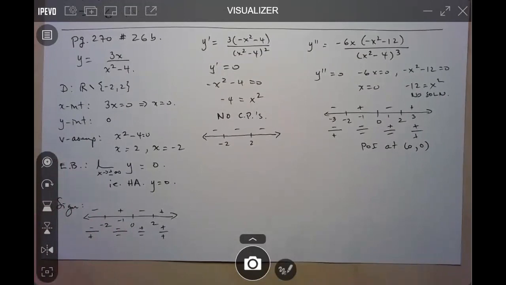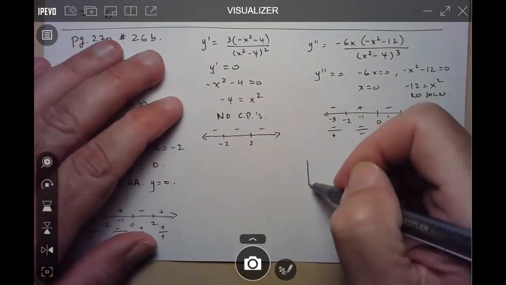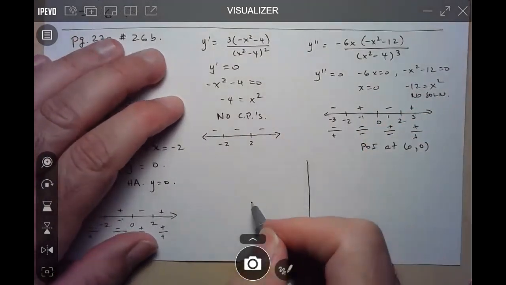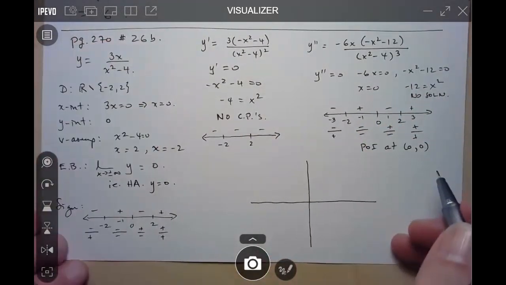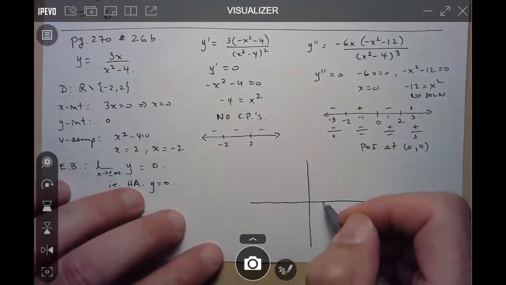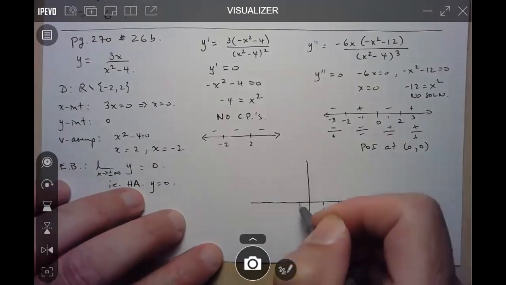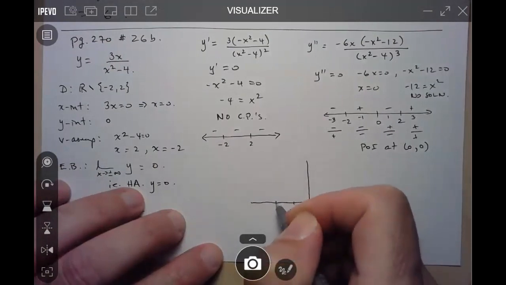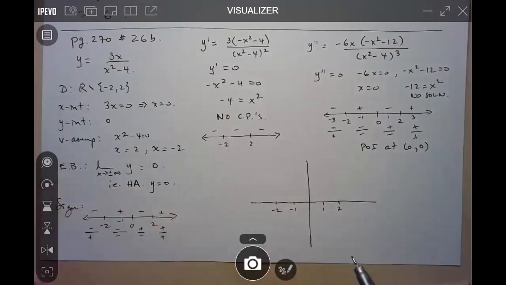And so now I'm going to draw my graph, and I'll just draw it by hand here. Let's see what we got. The numbers are pretty small, so here we'll go 1, 2, negative 1, negative 2.